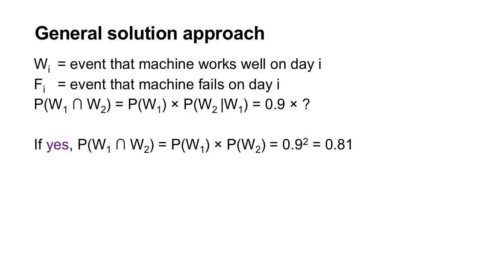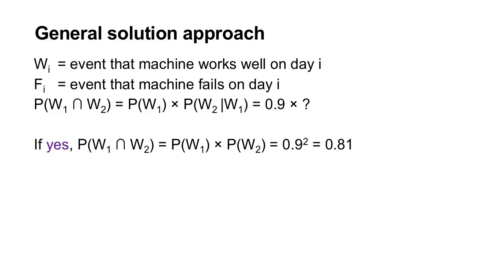That's from my data. But what's the conditional probability? Now I'm in trouble. So now I would love to assume independence. If I have independence, then I can use the simpler rule for independent events at the bottom of the slide. 0.9 times 0.9, 0.9 squared is 0.81. But if I cannot assume independence, then I need more data.